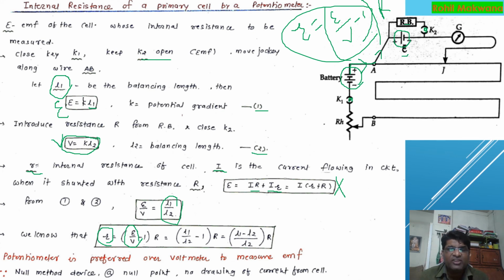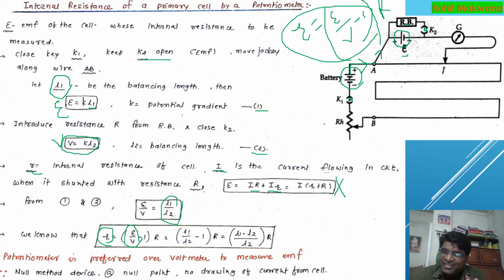Okay, so see, with the help of the potentiometer, we have discovered the EMF of the cell. We have also measured the potential difference V by putting this K2 key in the circuit, or by bringing the cell into the picture. Okay, so this is the use of the potentiometer, that it measures the potential difference, it measures the EMF, without drawing any current from it.